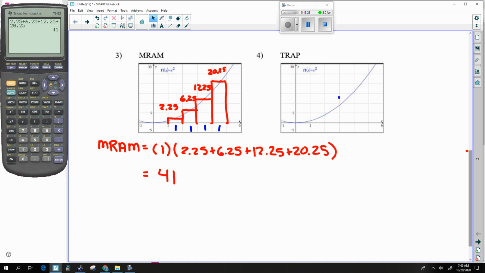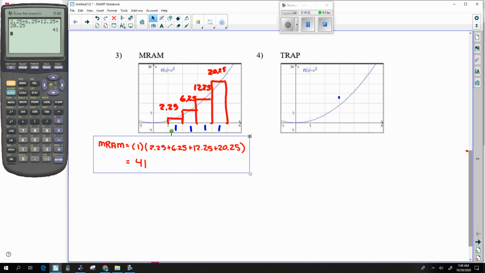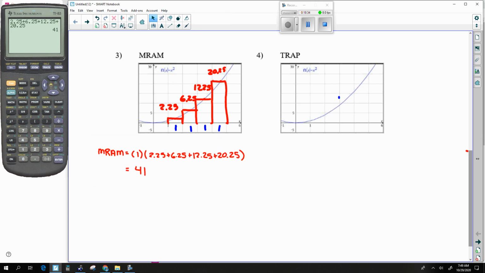All right, so this one's saying that the area is 41. Okay, so again, these are just approximations. These aren't the actual true blue areas, but we're approximating.